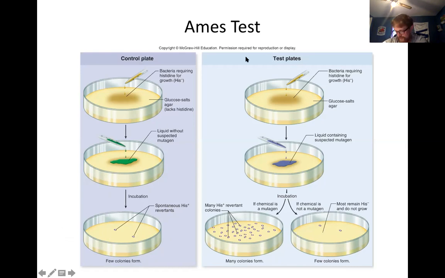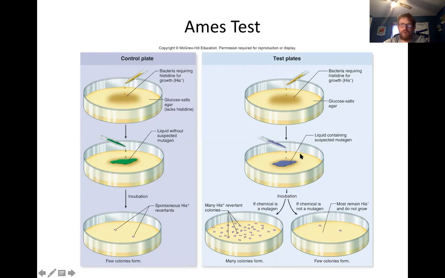Your test plate, you do the same thing. You put bacteria on it that can't make its own histidine. The plate lacks histidine, so these bacteria shouldn't grow. You then add a liquid with your expected mutagen. If you have animal liver extract present, this is where you also add it so those things can interact.